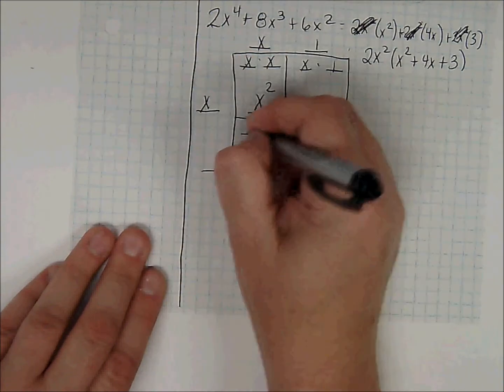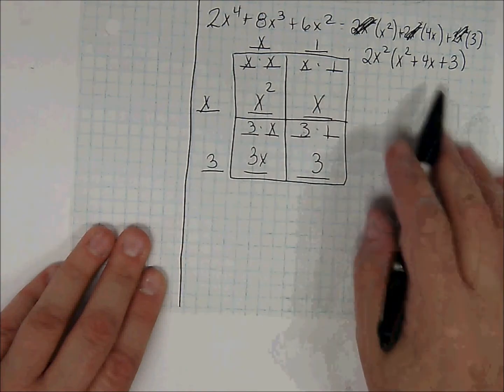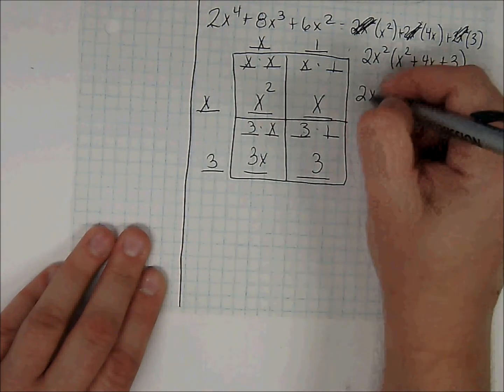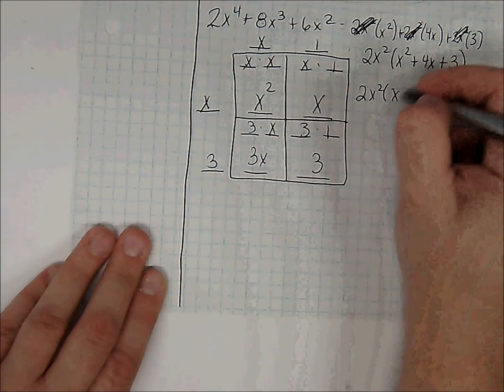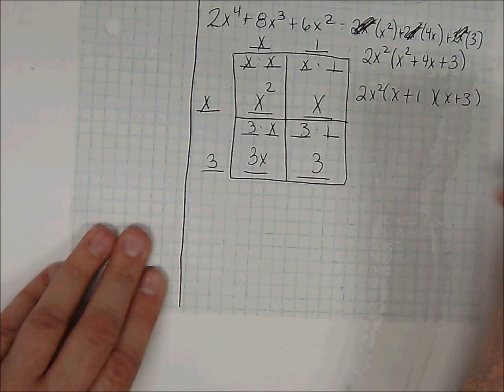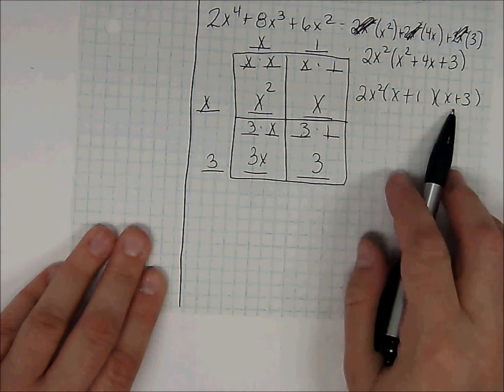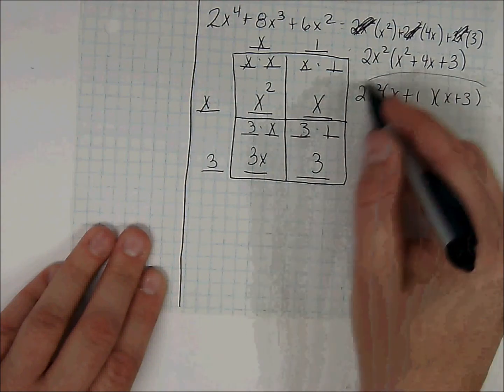These are 3. Here we get x, and here we get 3x, and add them together, we get our 4x. So 2x squared, x plus 1, x plus 3. Can't do any more to this, and this is just one term, so we can't do anything with it. So that is our final answer.